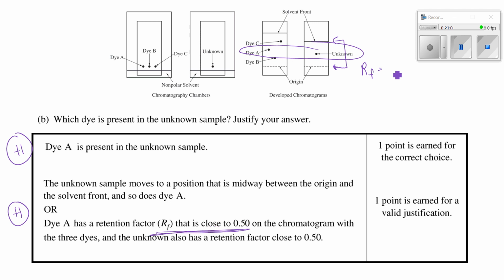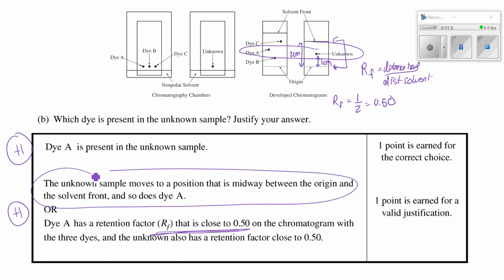The Rf value would be the distance that the unknown traveled divided by the distance of the solvent front. So if this distance right here was 2 centimeters and this one traveled 1 centimeter, the Rf would be 1 over 2, which is 0.5. You didn't have to calculate the Rf value. You could just say, oh, it looks like it traveled about halfway, and that's what dye A did. That's all they're really looking for there.